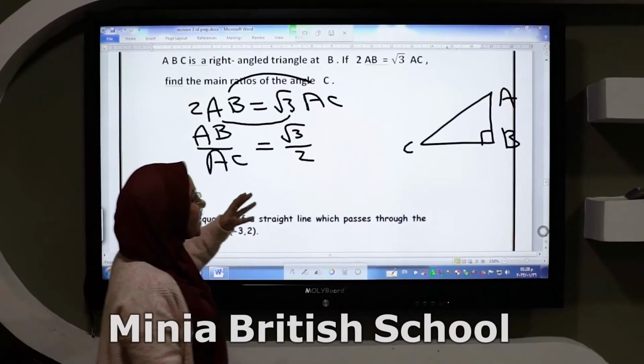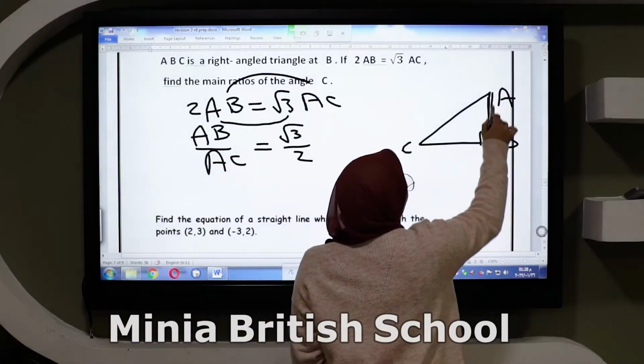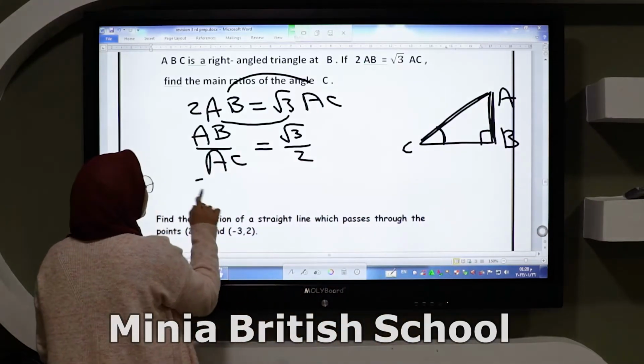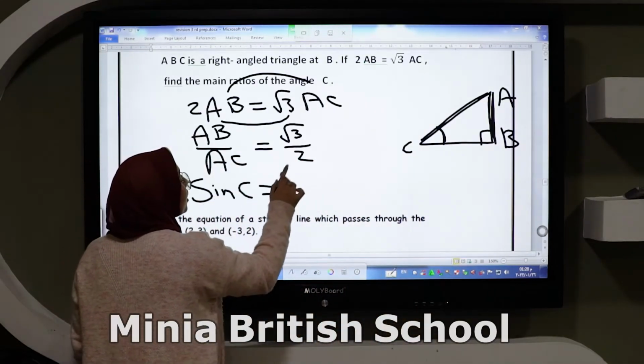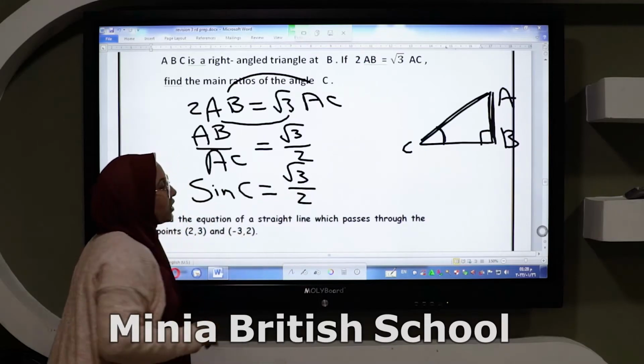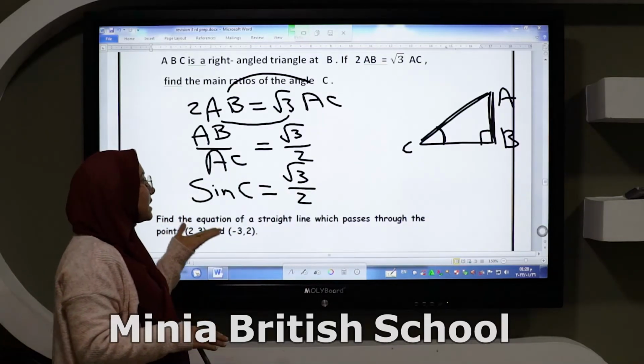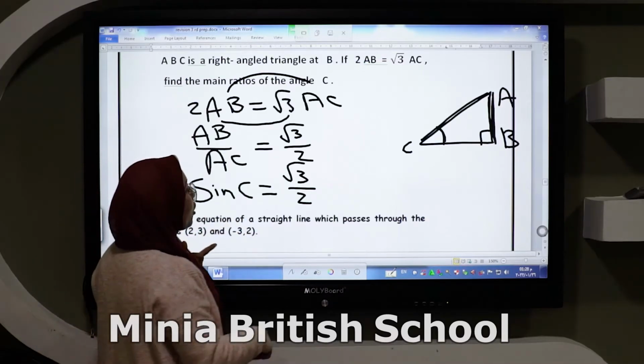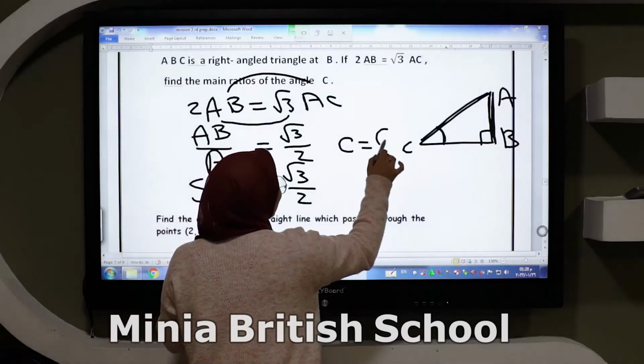AB over AC represents what? Opposite to hypotenuse, sine C. Then sine C equals root 3 over 2. This is a special angle: C equals 60 degrees.